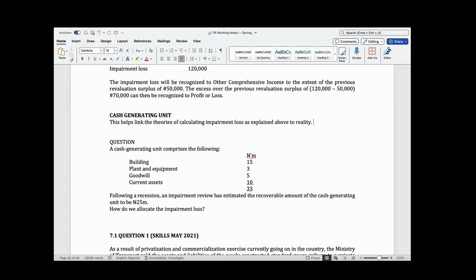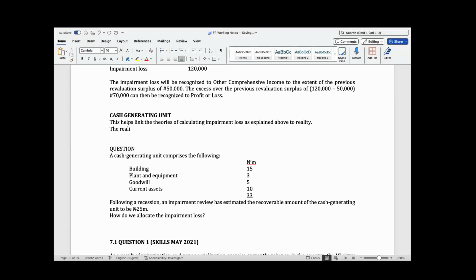So you see, the reality is that a lot of individual assets do not generate cash flows on their own. Most assets.